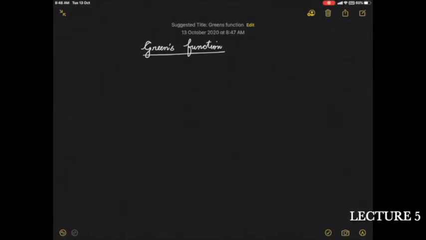We have been discussing the solution of Poisson equation using the Green's function technique. So let me remind you a part of it.